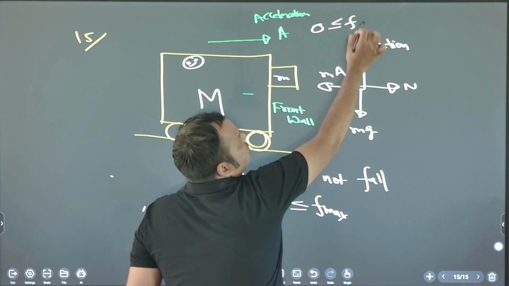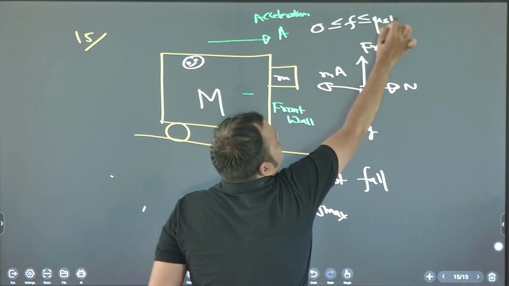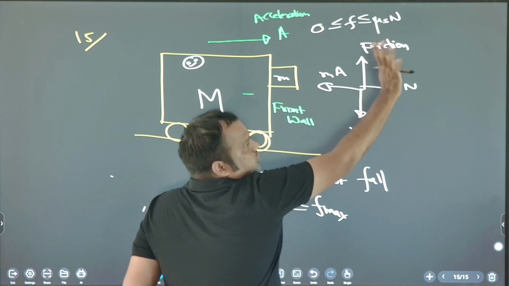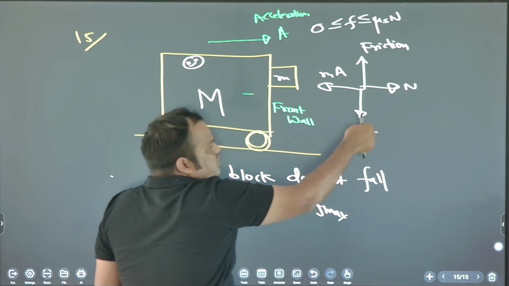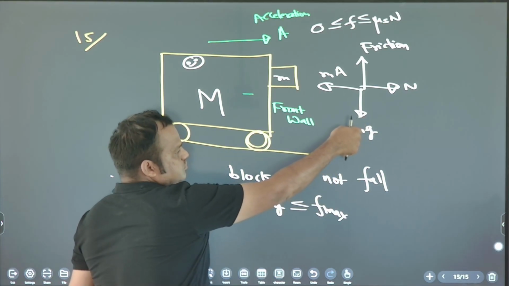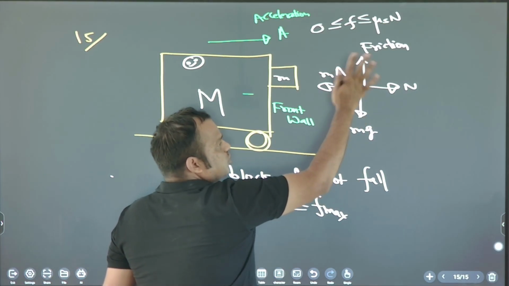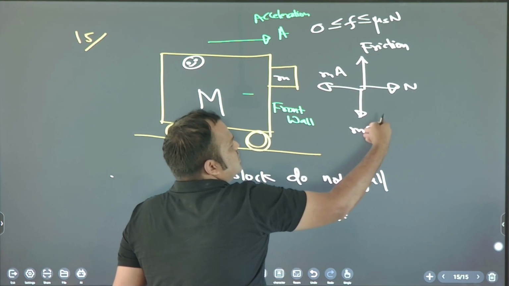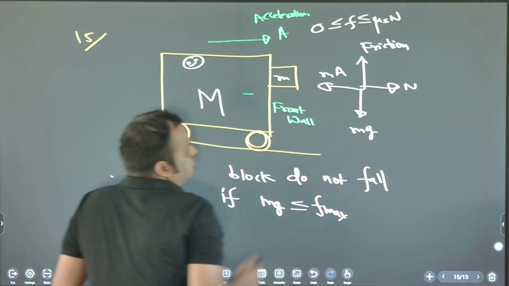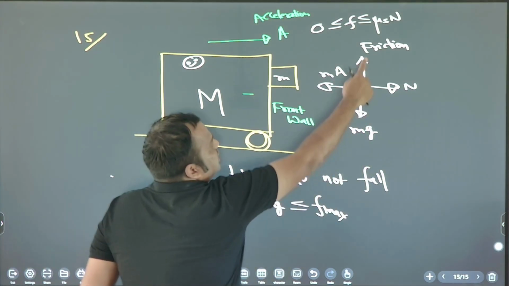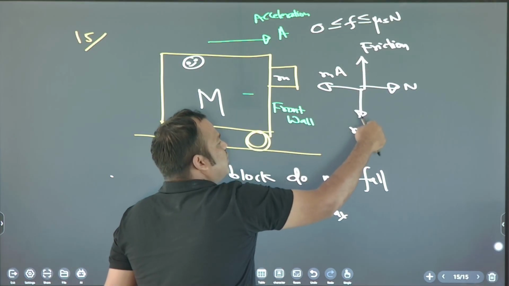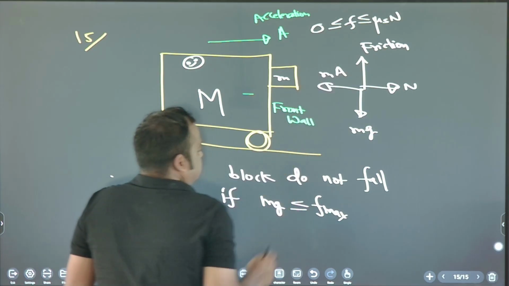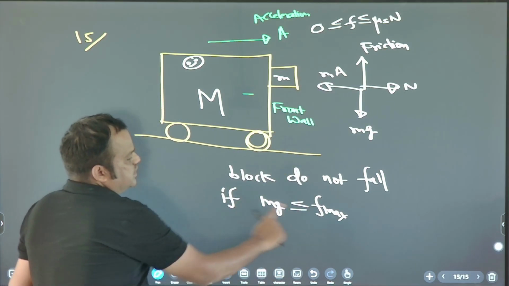Minimum value 0, maximum value mu s N. Suppose maximum is 10 Newton and mg is 8 Newton, so the block will not fall. If mg is 9 Newton, the block will not fall. If mg is also 10 Newton, the block will not fall. So this is the condition.